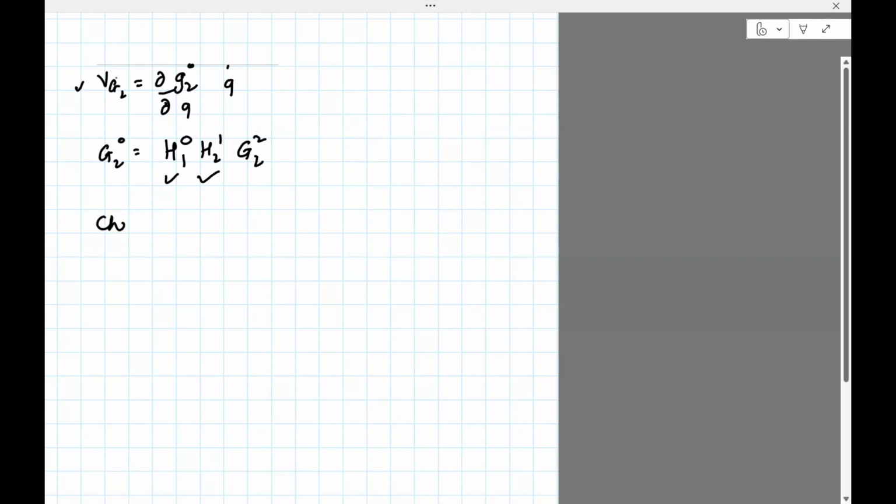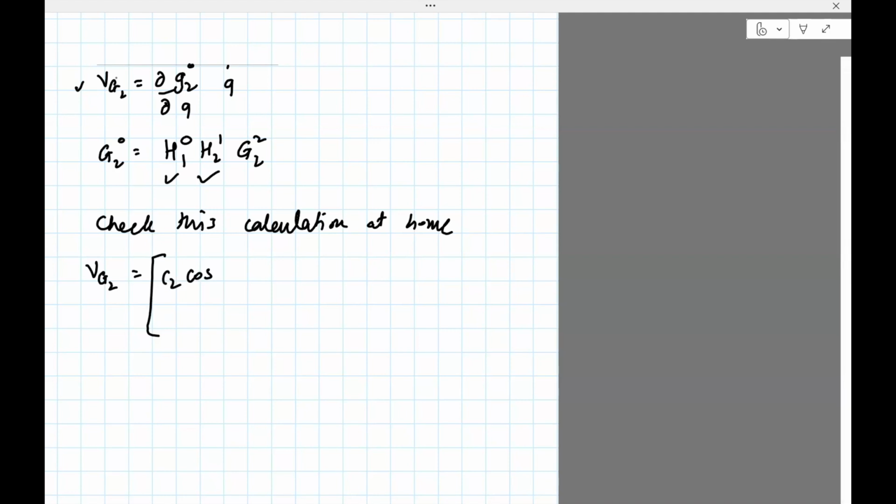So check this calculation. When you do that, VG2 is C2 cosine theta 1 plus theta 2, plus L cosine theta 1, C2 sine theta 1 plus theta 2, plus L sine theta 1.